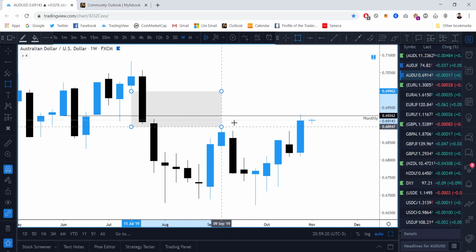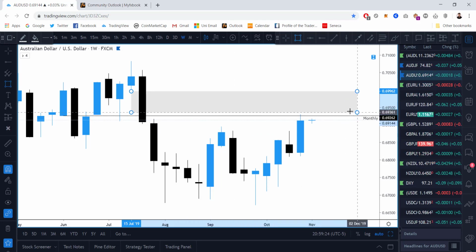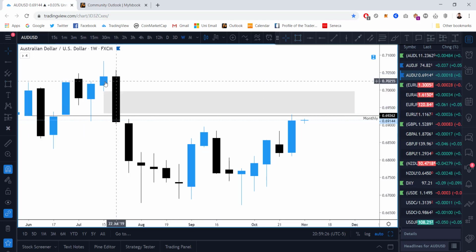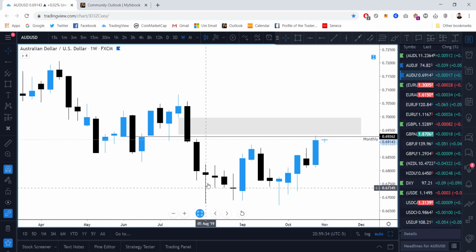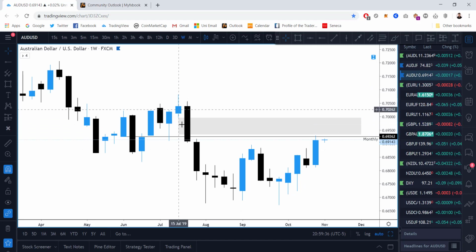This entire price action is inefficient. We had a bullish movement, and this candle here was responsible for taking highs, and then we had a really strong bearish movement, leaving a lot of inefficiency in this area. So I'd like to see price fill this imbalance. Let's mark that out as well.